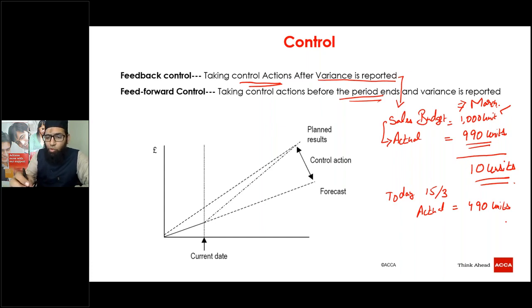You at that date forecast that you will not be able to meet the budget by the end of March. So that means you took actions on 15 March. Now these control actions will be known as feed forward control. Okay?